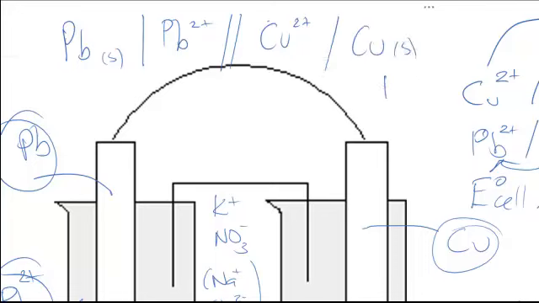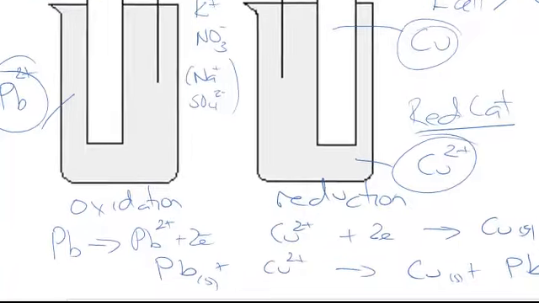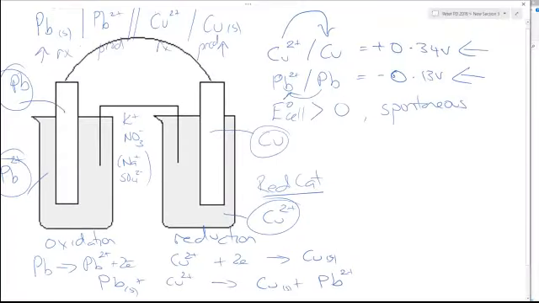Now there's a solid electrode at either end. So the way it works is you've got the reactant and the product. So this should match up. And you see Pb here, we expect that to be a reactant, and it is when we look at the equation down here. And we also expect copper 2 plus to be a reactant as well.